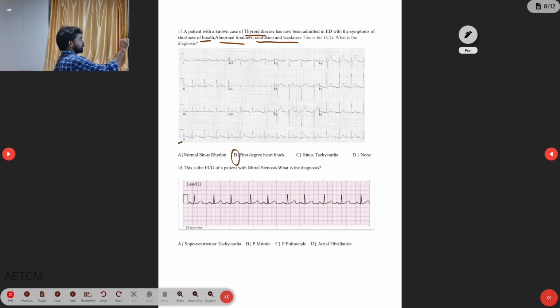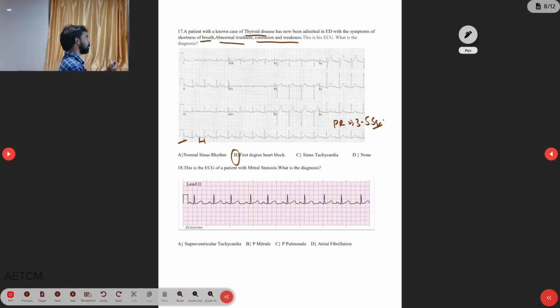Take lead 2 as your rhythm strip, then check. In this ECG you can see the PR interval, which is from the start of the P wave to the start of the QRS complex. As I discussed before, the PR interval should be 3 to 5 small squares in an ECG.